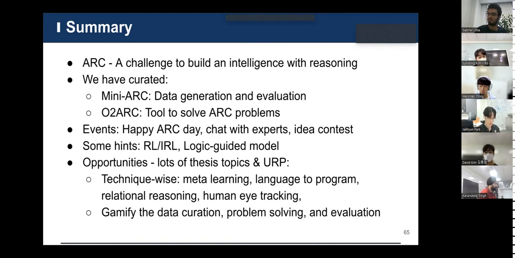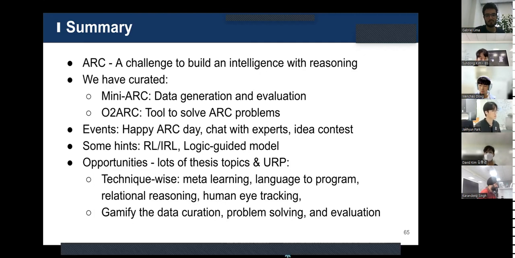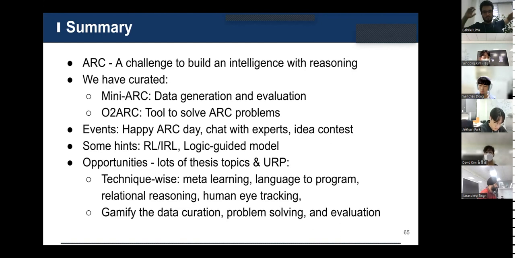And you also can focus on finding a good language model and how to generate a program by using those literatures. And also relational reasoning. In our problem, agentness and objectness are very important. So there are some research domains that consider how many objects exist and what kind of relationships exist between those objects.